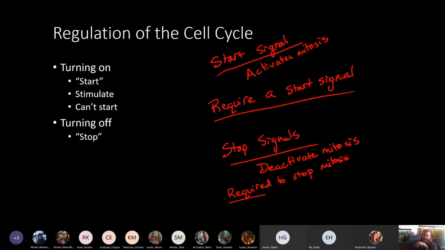So that's density-dependent. Basically, when you get them smooshed up against each other, it turns off. They're still stop signals, but they're on the membranes. And so as long as they're not in contact with each other, mitosis occurs. But once they get crowded enough to get in contact with each other, they get the stop signals.